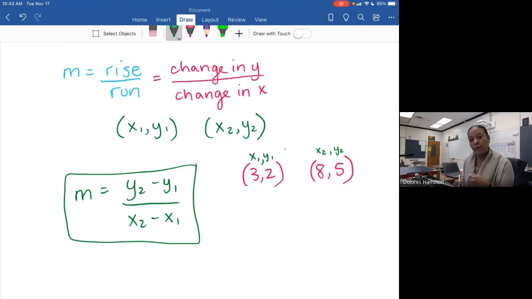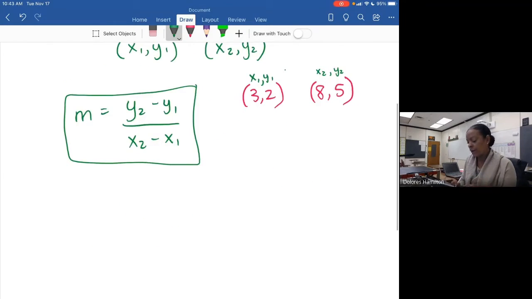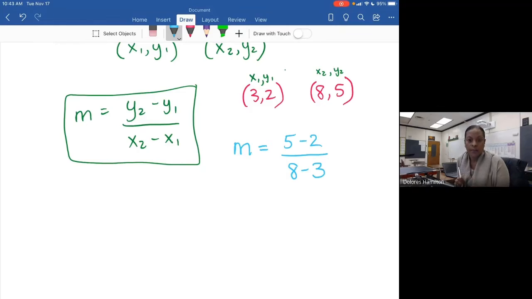We plug those points into our slope formula: y2 minus y1, 5 minus 2, over x2 minus x1, 8 minus 3. 5 minus 2 is 3, 8 minus 3 is 5, so that simplifies to 3/5.